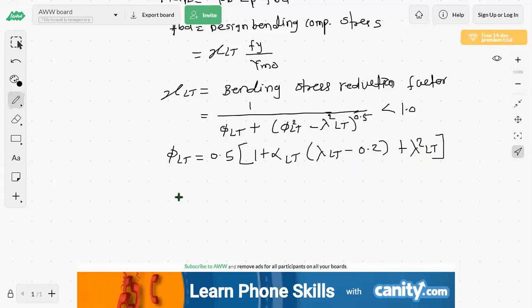But before calculation of phi LT, we have to calculate this lambda LT. So how to calculate lambda LT?